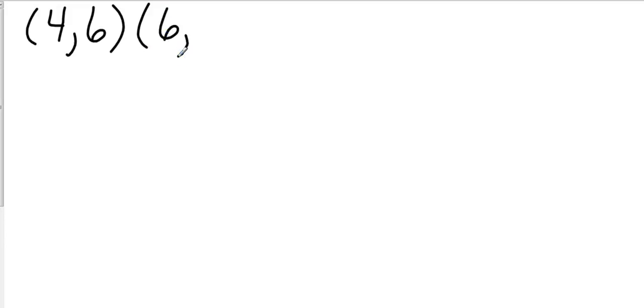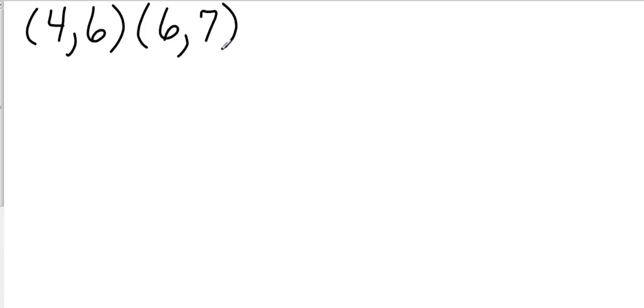It is called the point slope form. And so if I have these coordinates, oh, that's awful. What happened there? Let's see. I want to go 6 and 7. Okay.